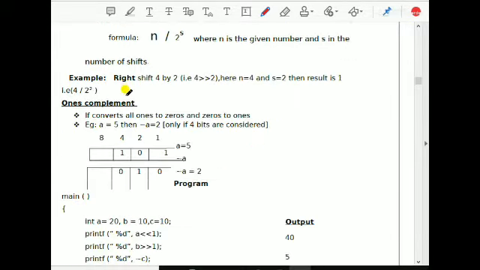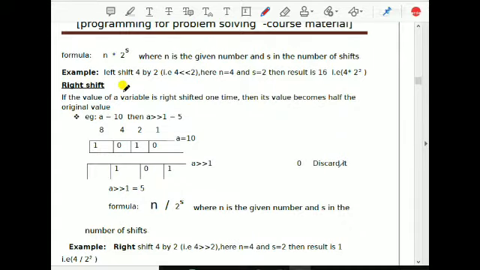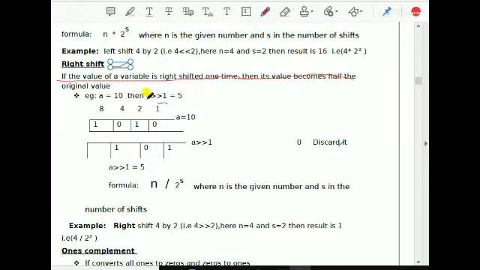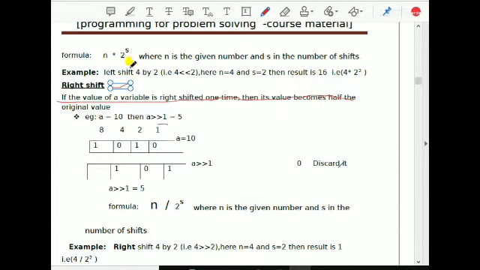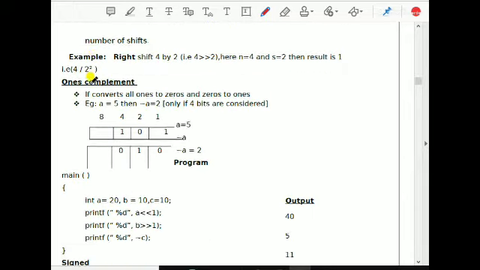That's it. Right shift is just the opposite of left shift. If a is 10, then right shifted it will decrease to half. Just write this much and this example, don't go for all that.